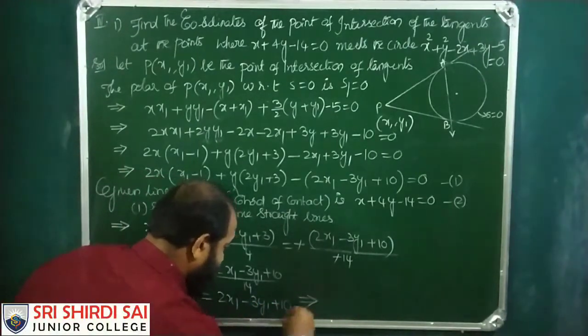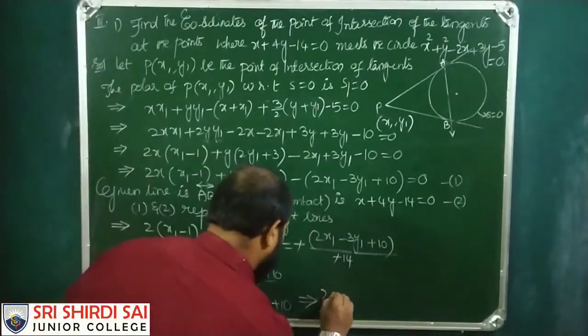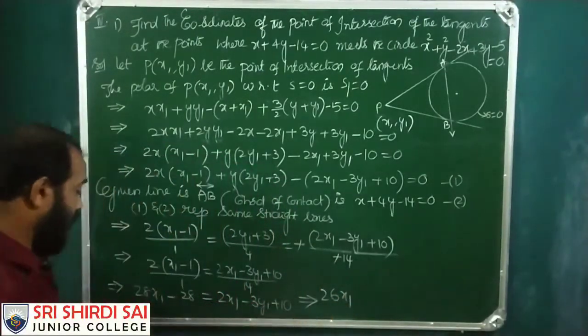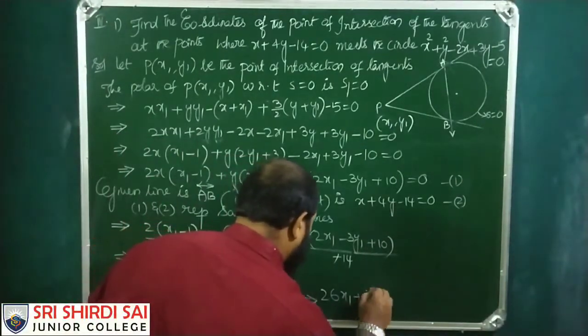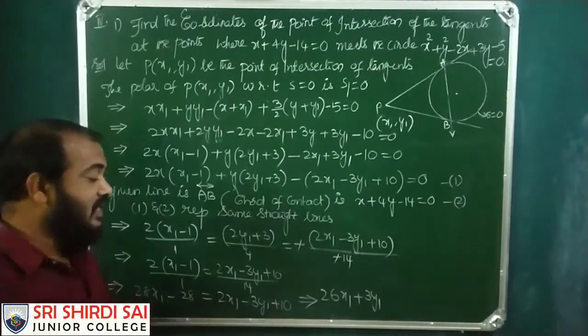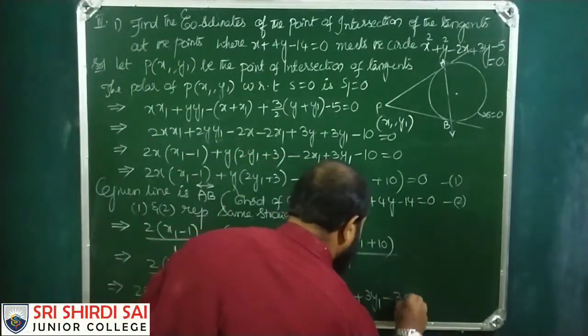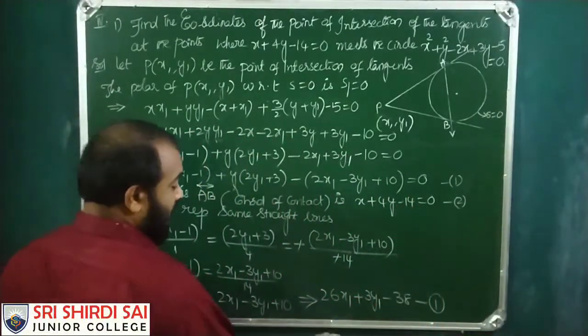That implies 28x1 minus 2x1 is 26x1, minus 3y1, if you take to this side, plus 3y1. Next, minus 28 minus 10, minus 38 is equals to 0. Let us suppose this to be the first equation.